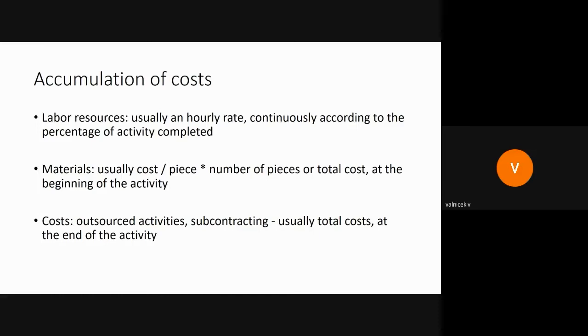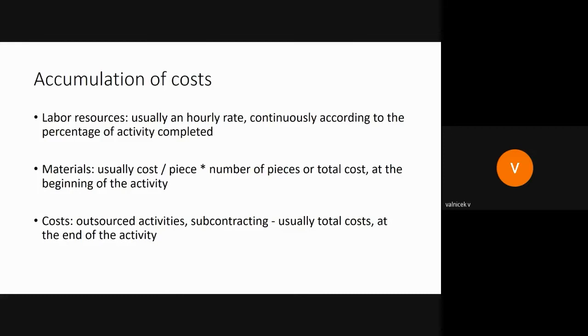And you need to prove the usage of the direct cost within your accounting. Let's say that if you say, okay, I'm going to buy the books for 100,000 crowns, then you need to prove that you really bought books for 100,000 crowns. Same with the transportation expenses, same with the salaries.